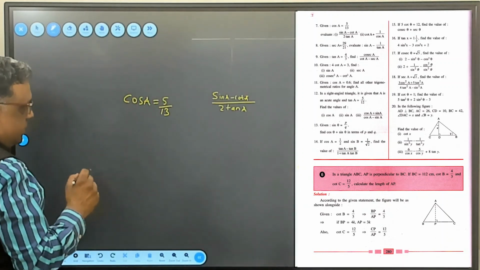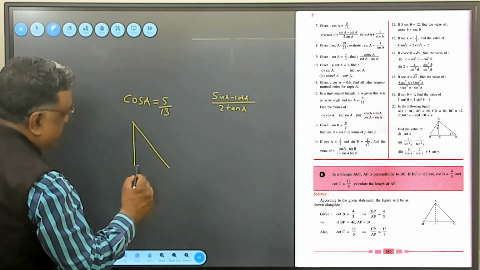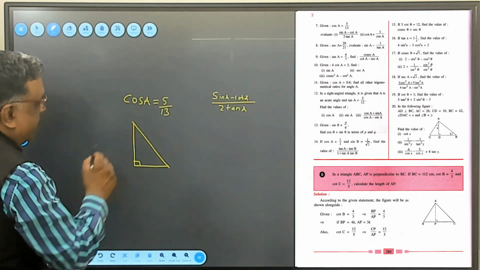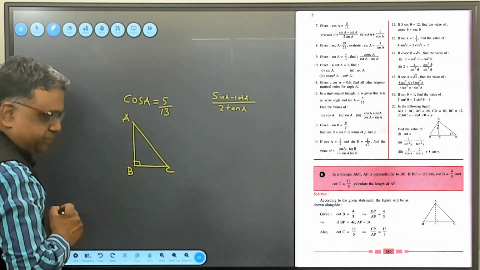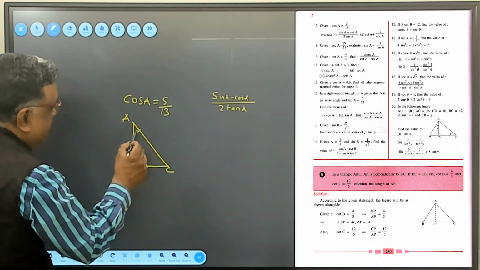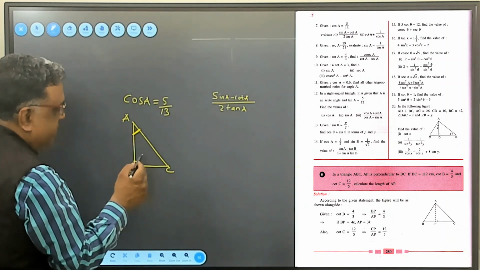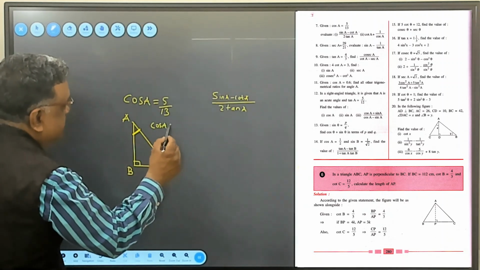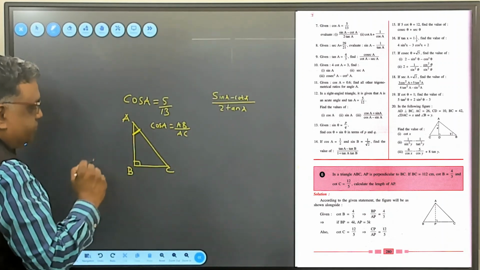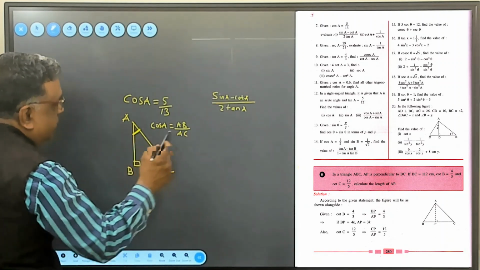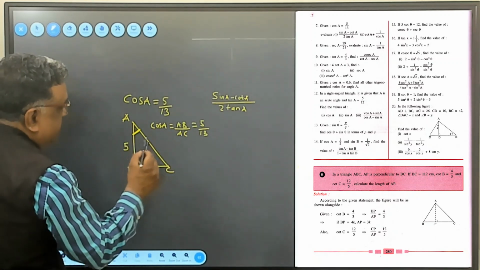Since we are talking about right angle triangles, I will draw a right angle triangle and name it A, B and C. Now the value of cos A is given to me. So this is the angle A, and cos A by definition is adjacent side, which is AB, upon hypotenuse, which is AC. Which is equal to 5 upon 13, which means this should be 5 and this should be 13.